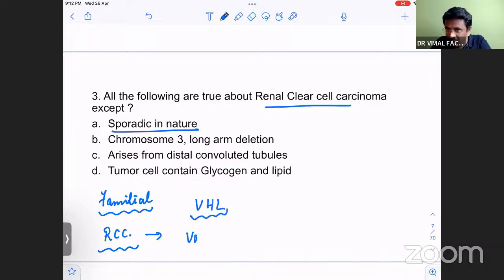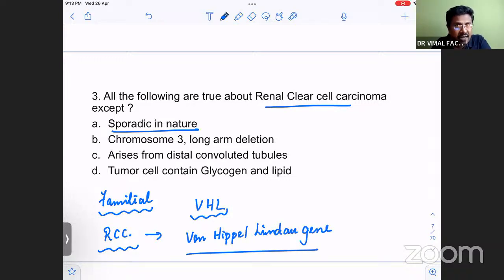That is von Hippel-Lindau. Von Hippel-Lindau gene, three letters VHL, is located on chromosome 3, but please remember there is a 3p deletion.